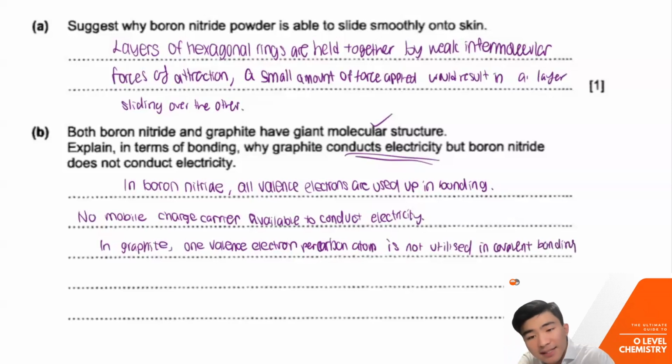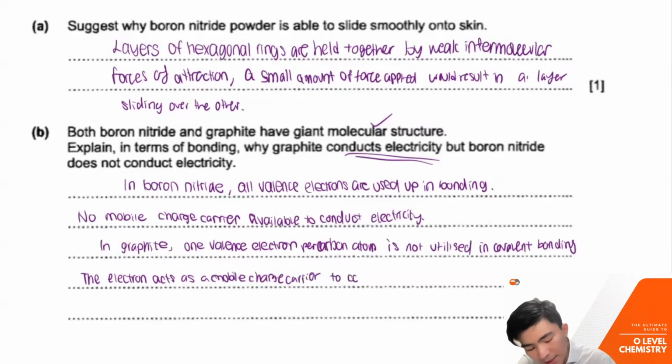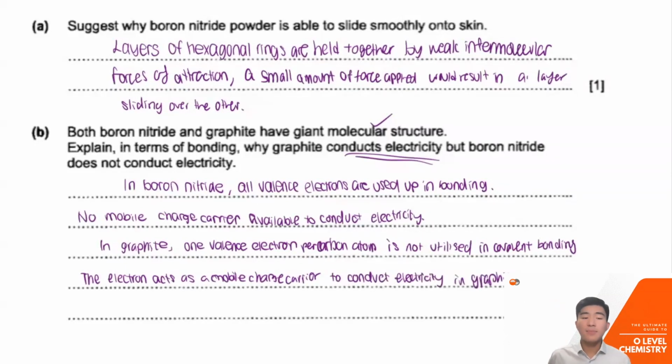Because they are not utilized in covalent bonding, the electron can be a mobile charge carrier to conduct electricity in graphite. So you explained to me in boron nitride that there is no mobile charge carrier. Whilst for graphite, because there is one valence electron per carbon atom that is not utilized in covalent bonding, they can mobilize to conduct electricity.